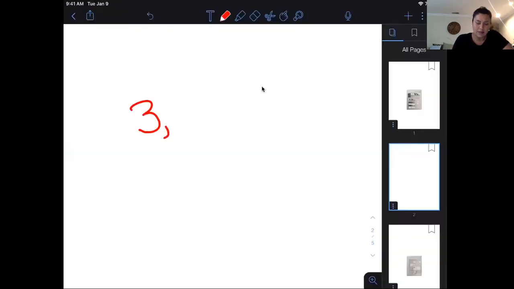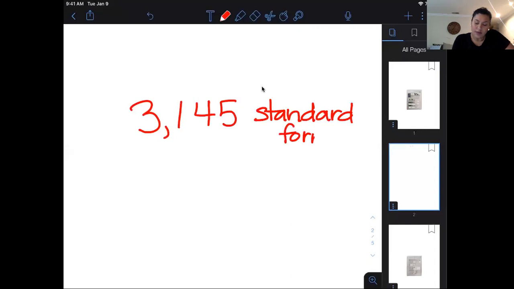Here we go. If I take the number 3,145, okay, now that is the standard form of writing it. This is standard form. This is normal writing of a number. Now, if I wanted to do expanded form, I would write every digit in its place.